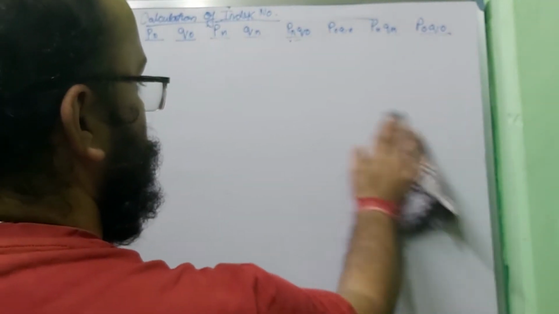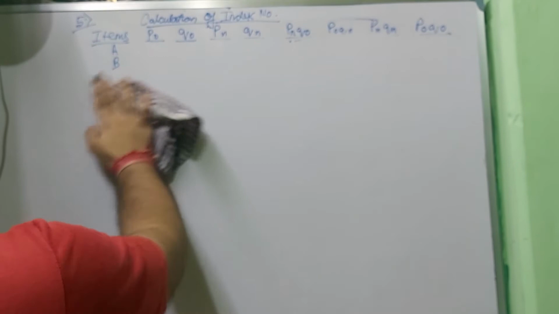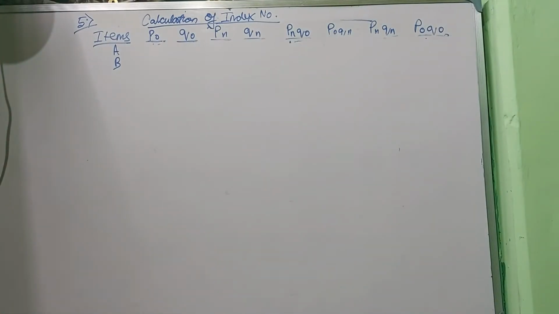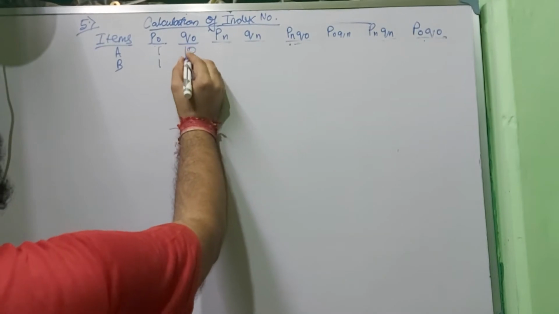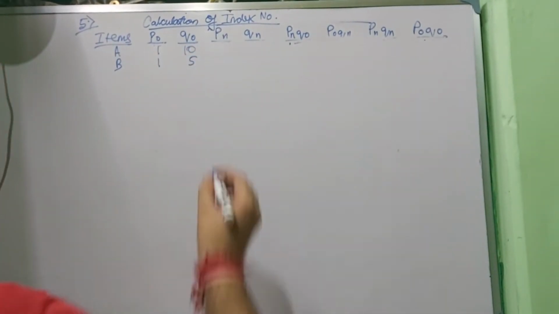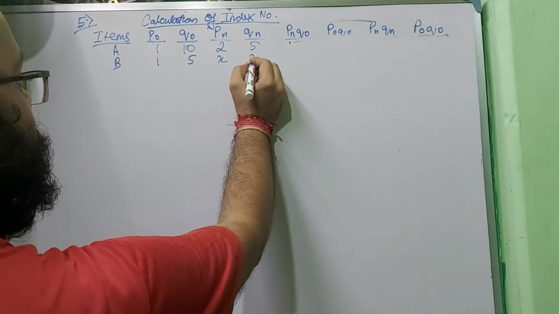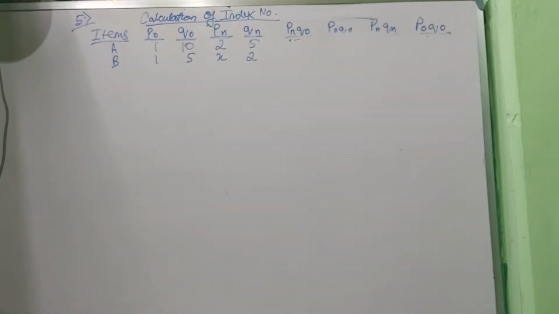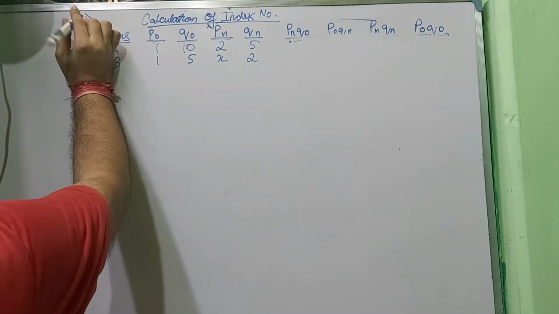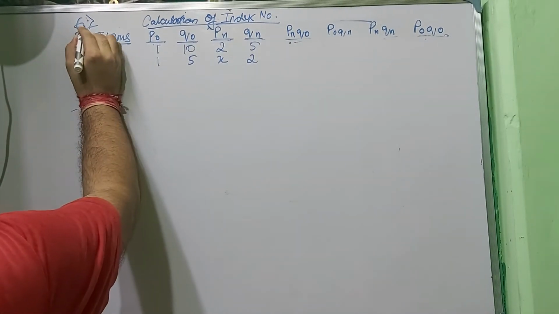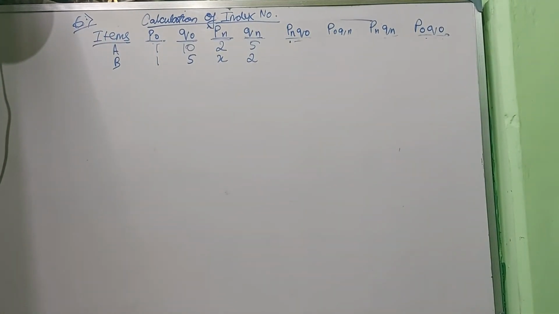For A and B, base year price is 1 and 2... base year quantity is 10 and 5. Current year price is given 2 and x. Current year quantity has been given 5 and 2. So this is sum number 6. As you can see, you have to calculate this x.